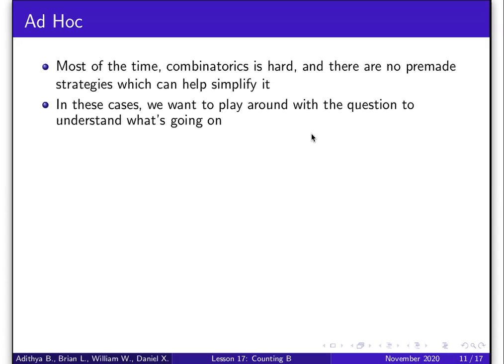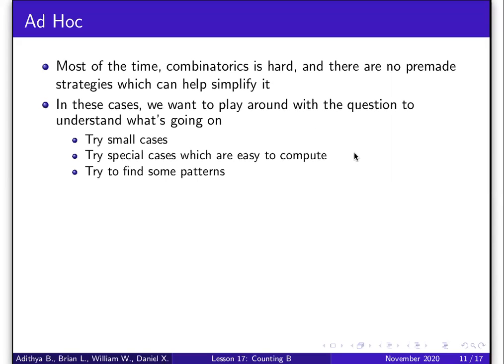And we can do this by considering small parts of the question, trying small cases, trying special cases which are easy to compute, or trying to find some patterns. And you may notice that these ideas are all stuff we would normally try in combinatorics if we didn't know exactly how to approach it.